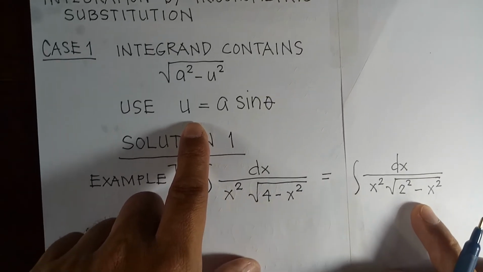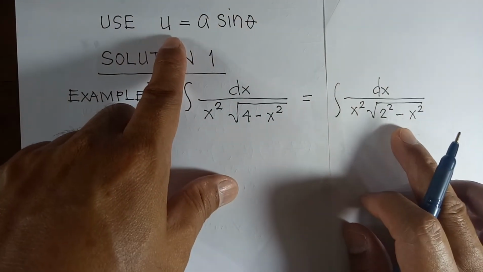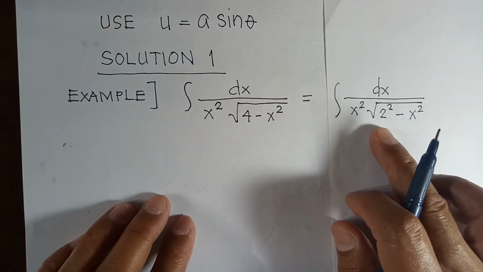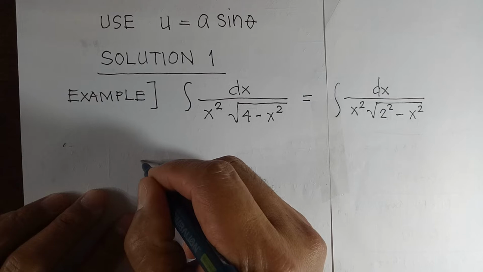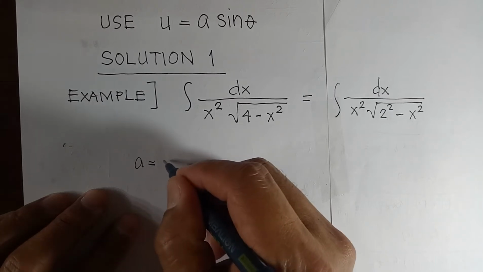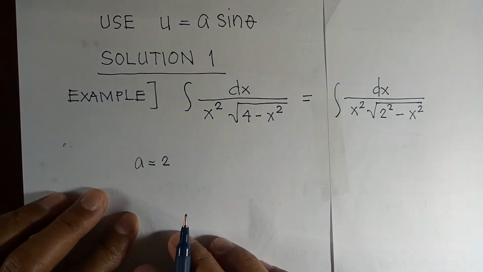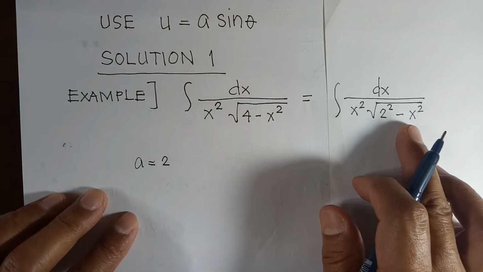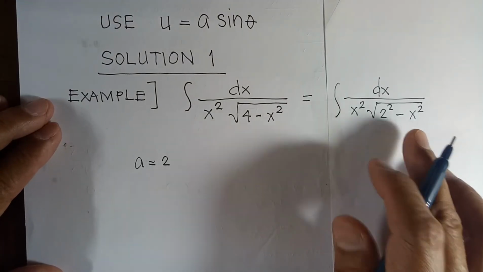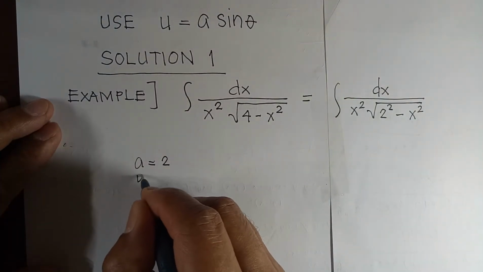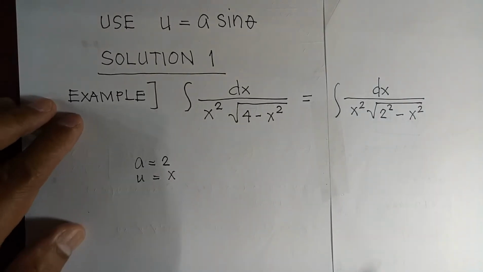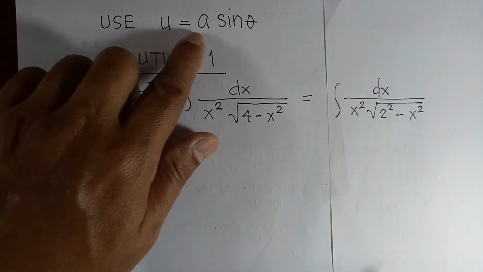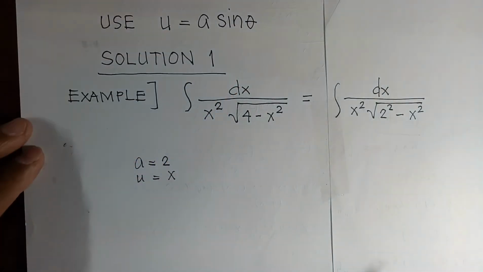Okay. So, dito sa ating problem, ang a natin ay 2. So, a equals 2. Ang u natin ay yung x. U equals x. Ito ang ating substitution. U equals a sine of theta.